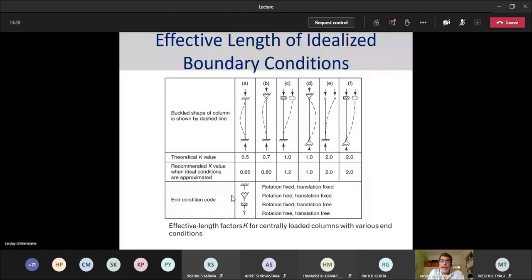Now if you take a look at figure F, और figure F को उल्टा कर लो, पर इस बार नीचे मत करो, ऊपर कर लो. You will again get a pin-ended column with a length of 2L. And since we have already established that the theoretical value for a pin-ended column is the actual length, you can see why for figure E and figure F the effective length ends up becoming 2L.